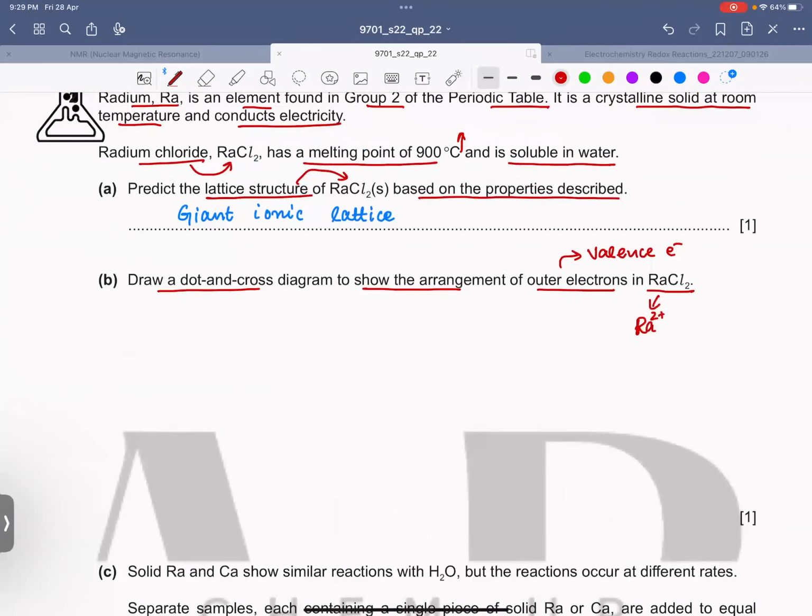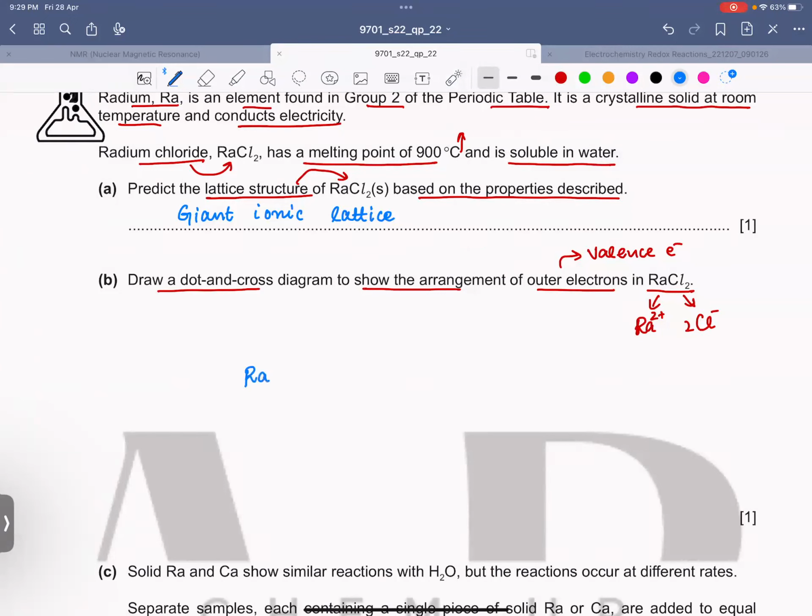So its outermost shell would be vacant, and chloride becomes a -1 ion, which means it has a complete octet because chlorine is in group 7. So it has 7 valence electrons and it gained 1 electron.